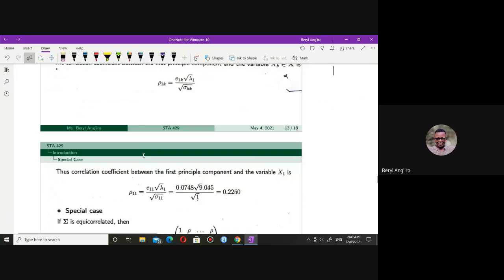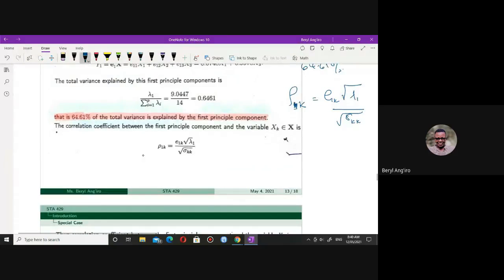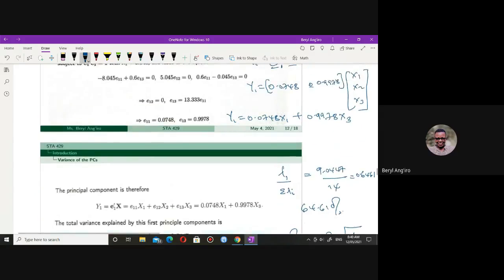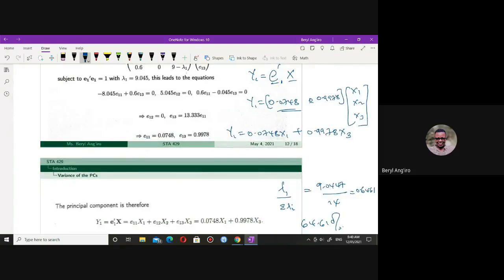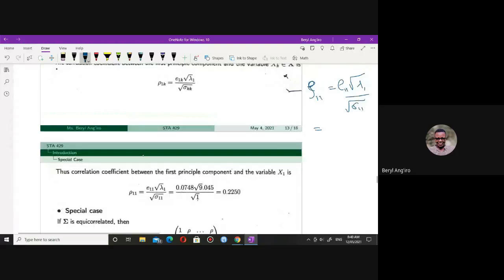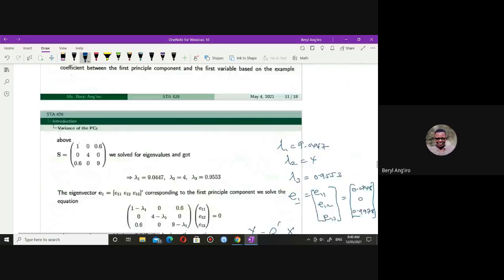So we have rho equals E11, k is 1 because it's the first variable, root lambda 1 divided by the square root of sigma 11. E11 is 0.0748, and the square root of lambda 1, that is the first eigenvalue, is 9.045, and sigma 11 is 1.